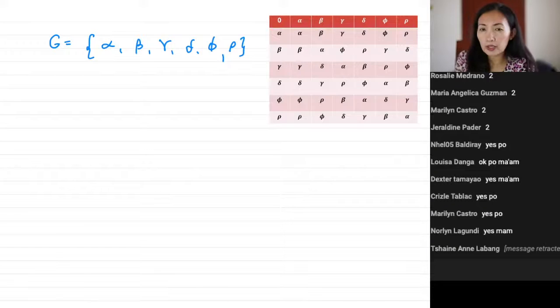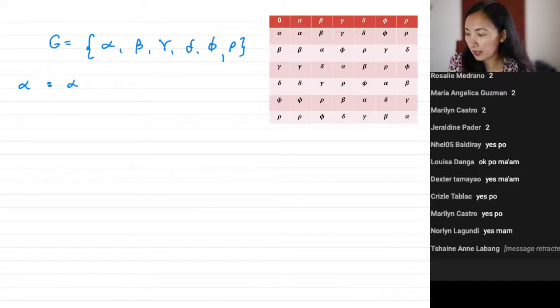Okay, so how do we generate the groups or subgroups of this permutation group? Like what we did in the previous, you select one element and operate it to itself for several times. So let's start with alpha. If I pick out alpha, we begin with alpha. What will alpha circle alpha be?